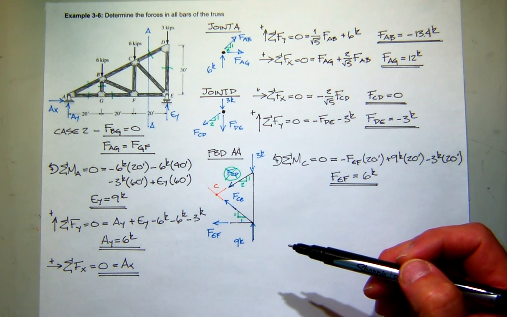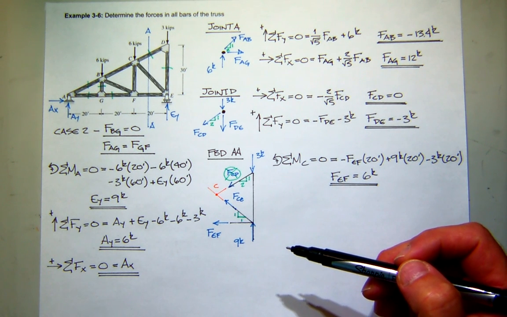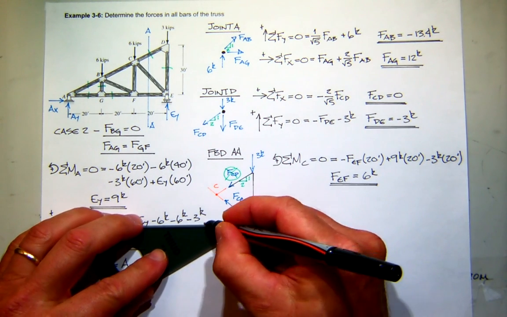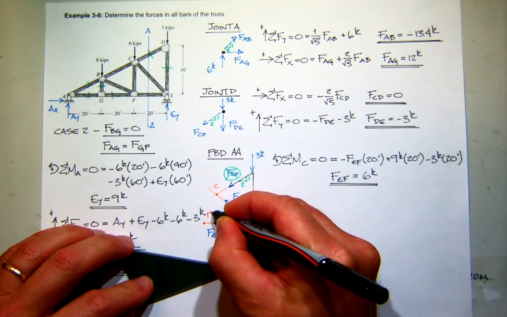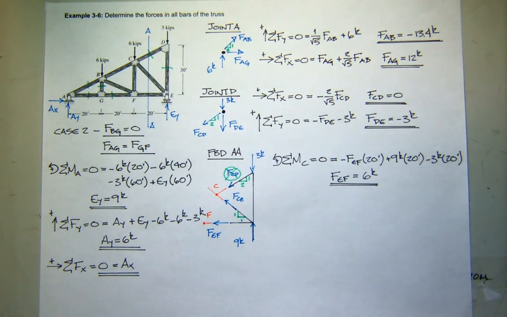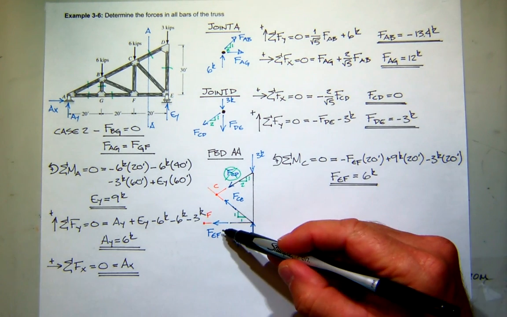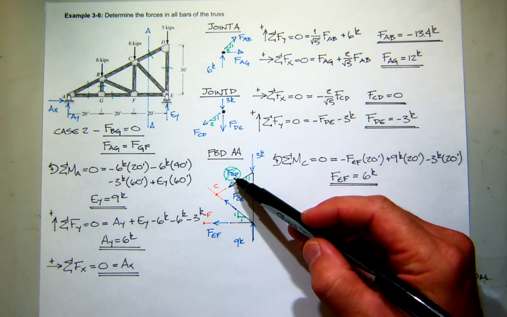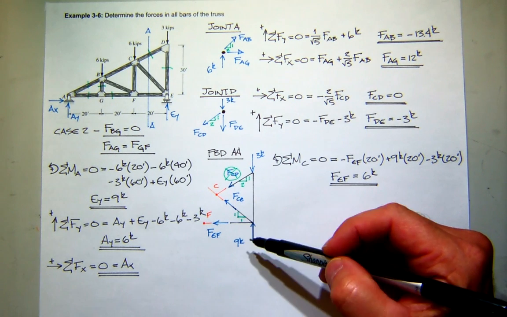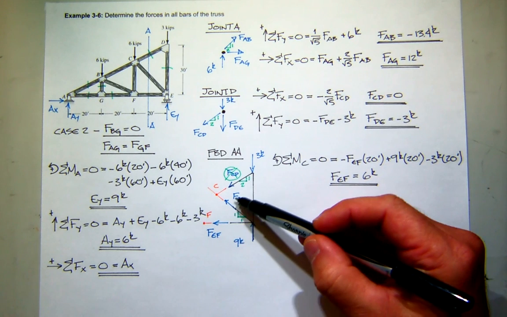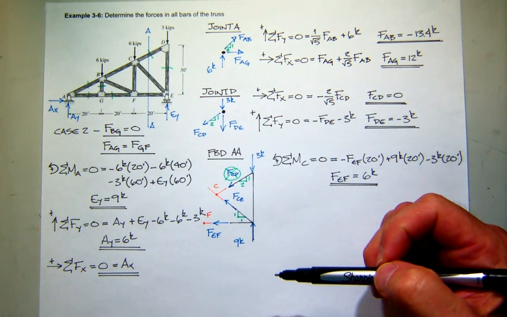Would F work? What if I sum moments about F? What would I get? Well, EF passes through F. This one is 0, so I just have CE and then these two forces.